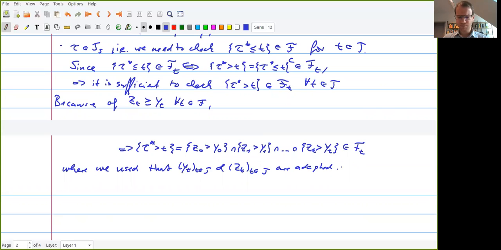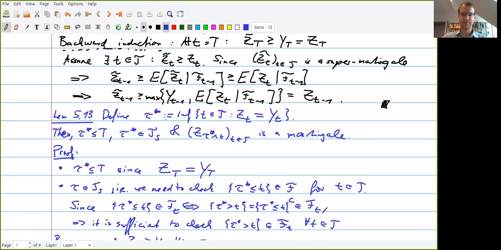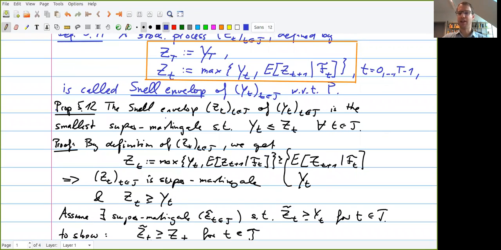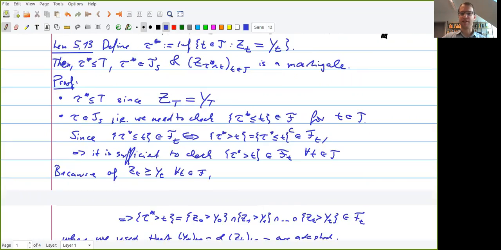Okay, so we have now checked that tau star is a stopping time, and it's less or equal than T. And now the final claim I had here is that the stopped process is a martingale, while the unstopped process, or the process without the stopping with respect to tau star, is only a supermartingale. We know already that this Snell envelope is always a supermartingale, and now I claim that if I stop it with respect to tau star, this is a martingale.